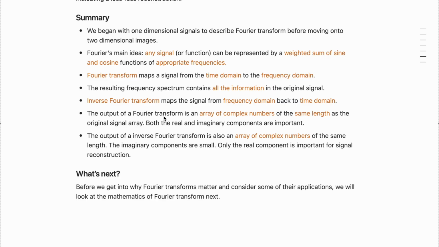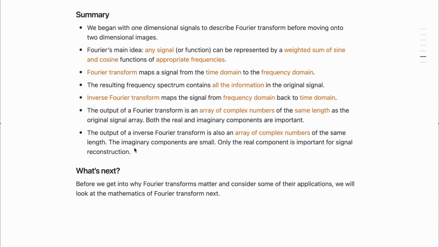The output of Fourier transform is an array of complex numbers that happens to be the same length as the original signal array. Both the real and imaginary components of each complex coefficient in this array are important for getting our magnitude and frequencies.